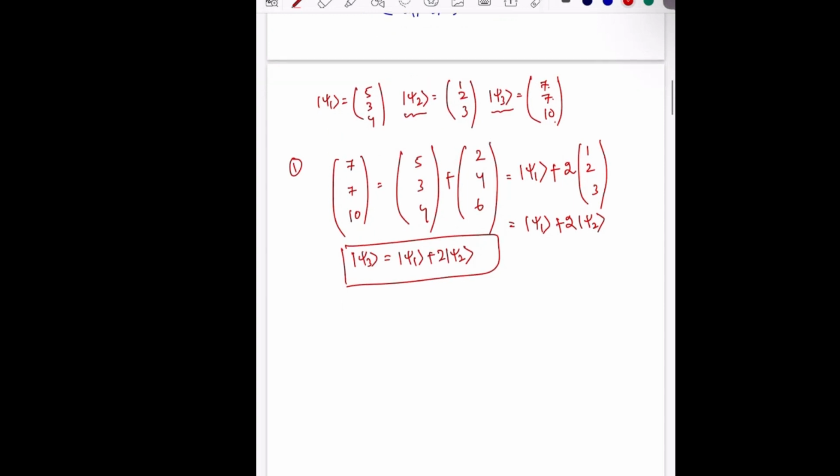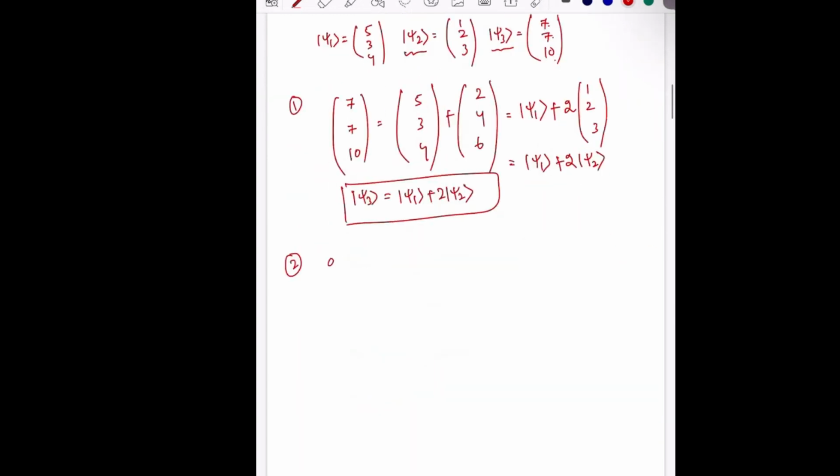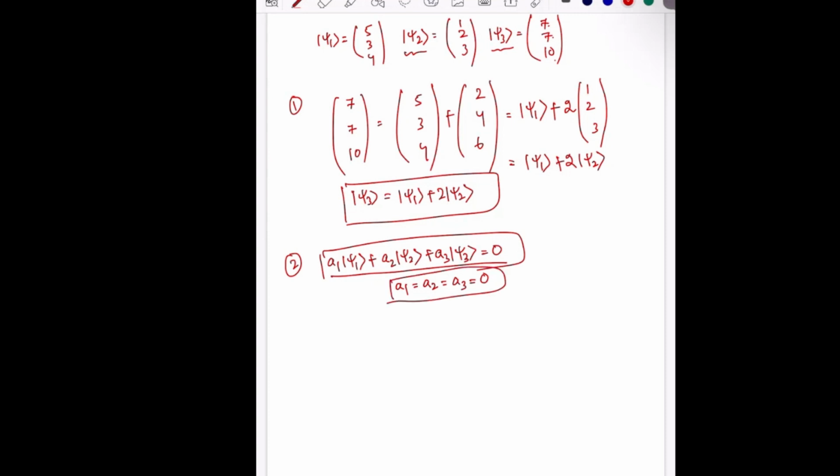The other method is the normal method that we use: write psi 1, psi 2, psi 3 as a linear combination and equate it to 0. Now check whether this condition is satisfied only when a1 equal to a2 equal to a3 equal to 0. If it is satisfied only when this is satisfied, then in that case you can tell they are linearly independent.